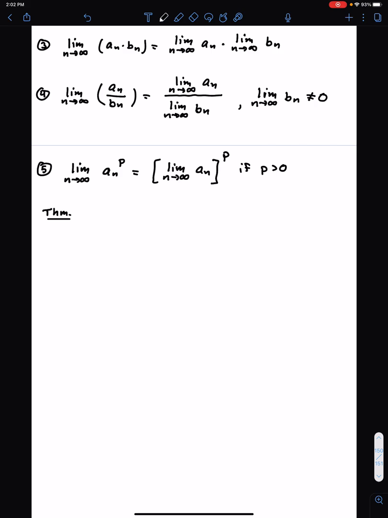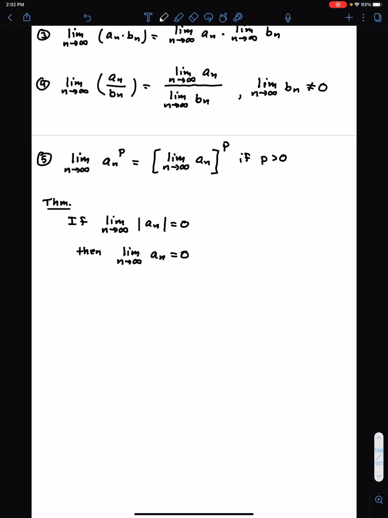Theorem. If the limit as n approaches infinity of the absolute value of a sub n is equal to 0, then the limit as n approaches infinity of a sub n is equal to 0.